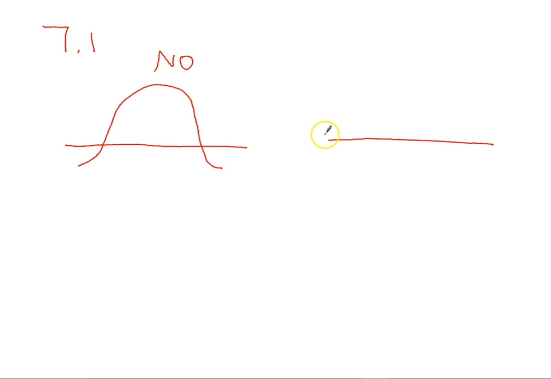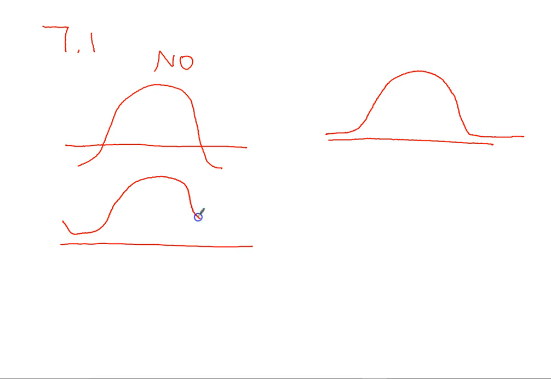If you are drawing a normal curve, it cannot look like this. This is a no. This is what you want it to look like. Okay. You don't want it to do this. You don't want it to have two modes.